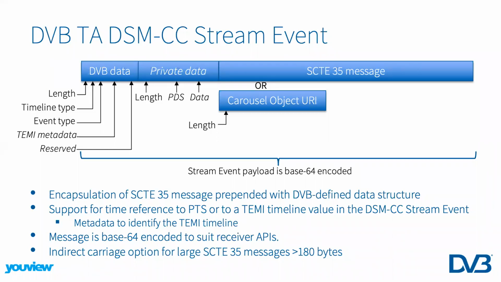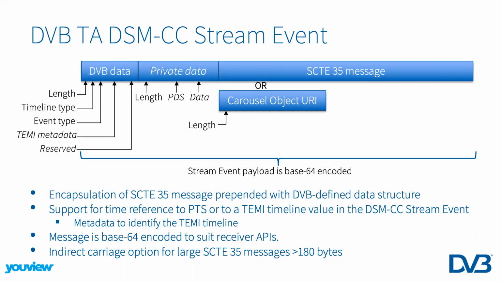So what you see there is the payload of a stream event, which is carried by a stream event descriptor in the DSMCC format. And so if we run through the fields, we have usually an SCT35 message at the end of this event payload. We start with some DVB defined data that describes what follows essentially.